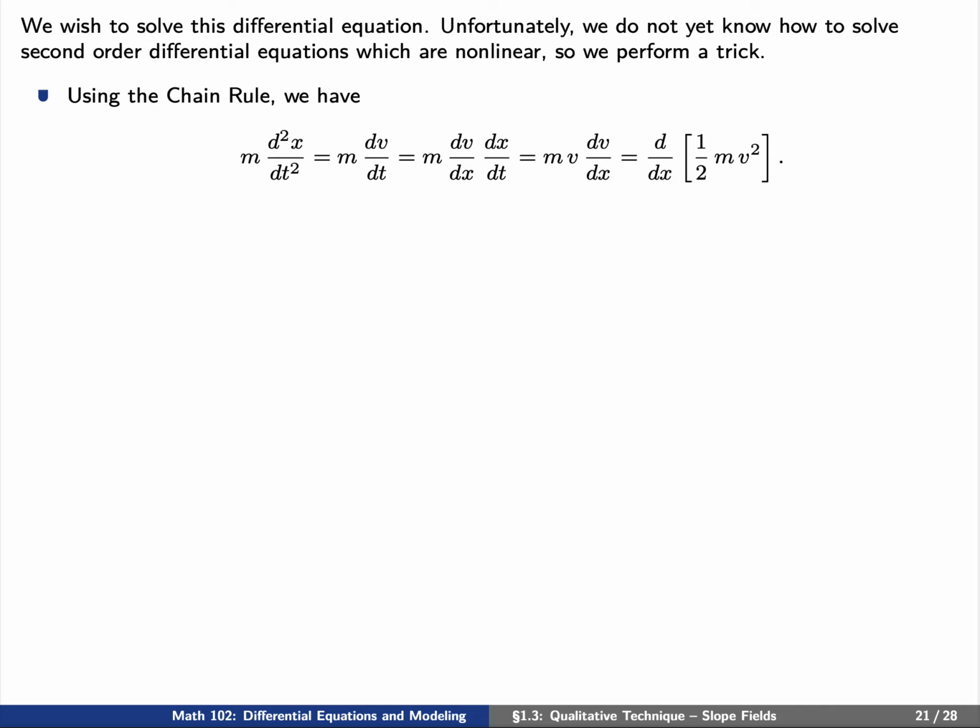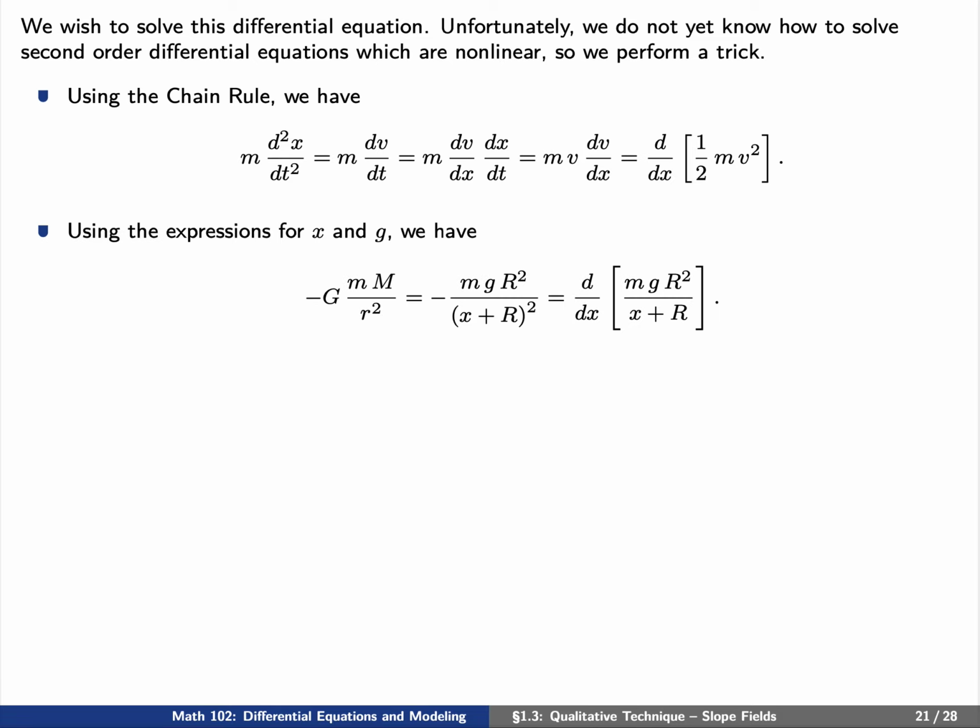So we find that mass times acceleration is m times v times dv/dx, which we can write as the derivative d/dx of some function, namely 1/2 mv squared. Now let's take a look at the right-hand side. Here we have negative capital G times lowercase m times capital M divided by lowercase r squared.